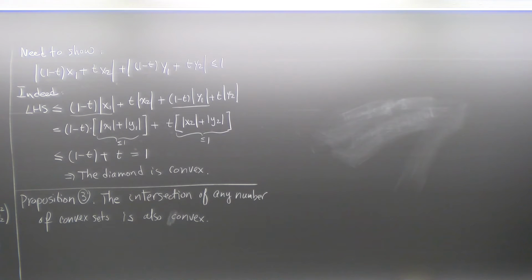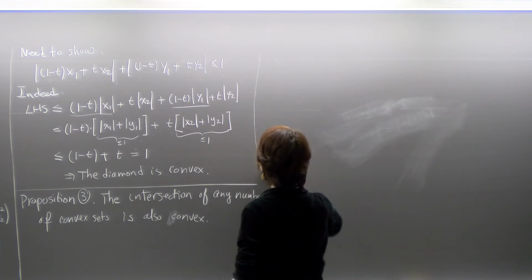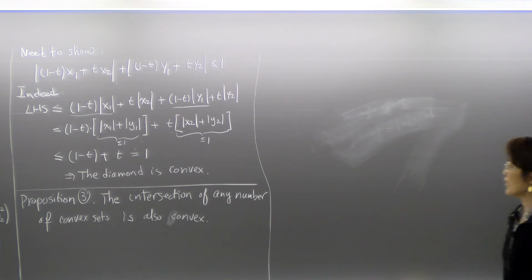So is the statement clear? What I'm asking is: you have tons of convex sets, and you make an intersection of them, and then that shall be convex as well. Okay.